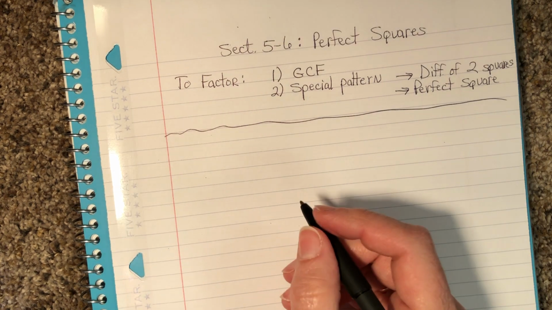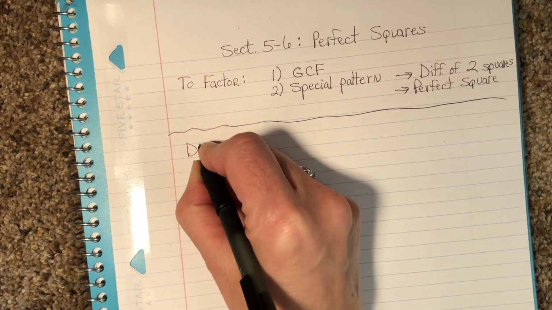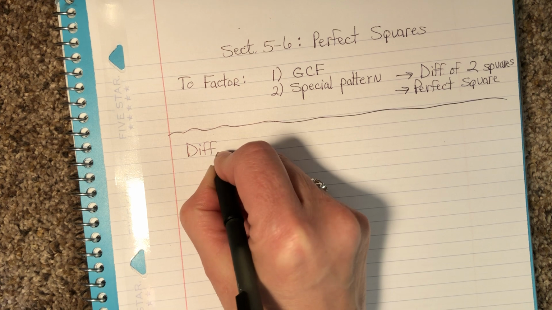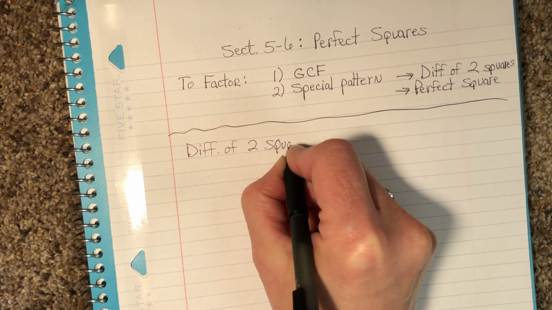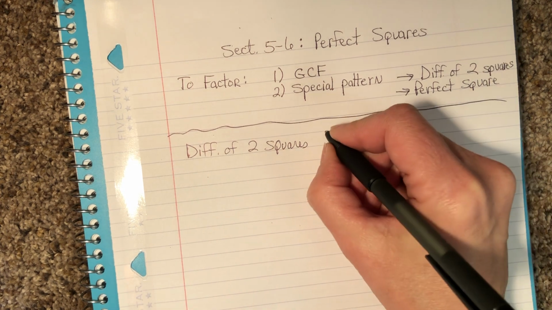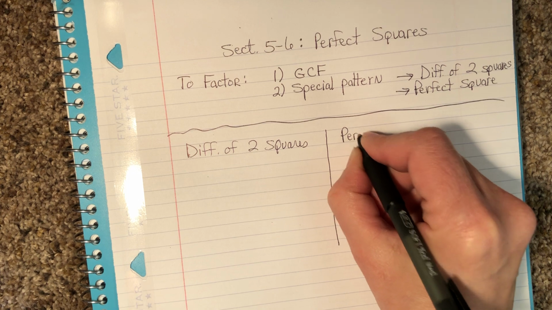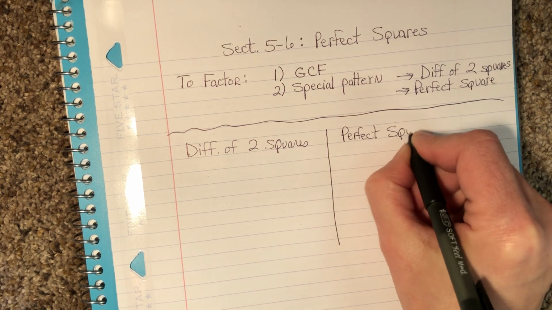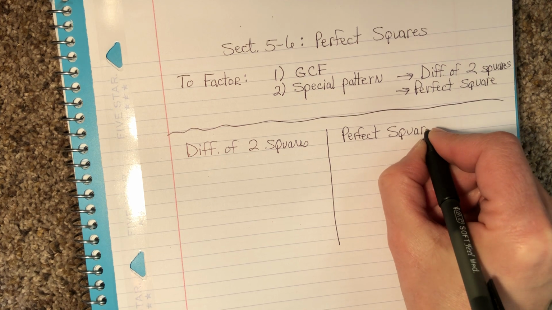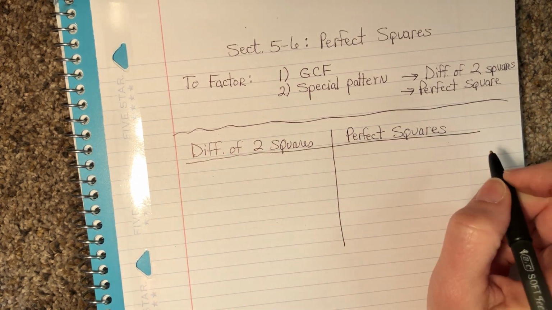I'm going to do a little chart to compare the difference of 2 squares and perfect squares, to show you how they're alike and how they're different.